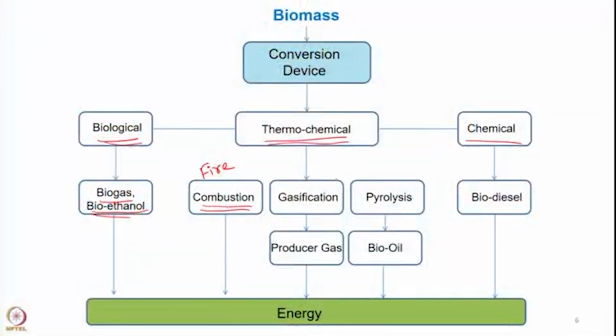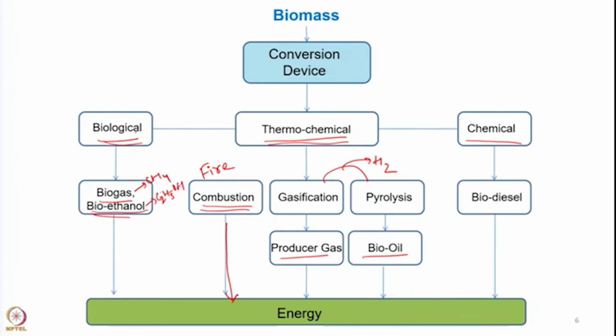But the hydrogen we are looking at comes from two pathways: gasification and pyrolysis. Combustion directly gives you energy; gasification and pyrolysis give you an intermediate fuel. Just like the biological process gives you methane here and alcohol here, C2H5OH.